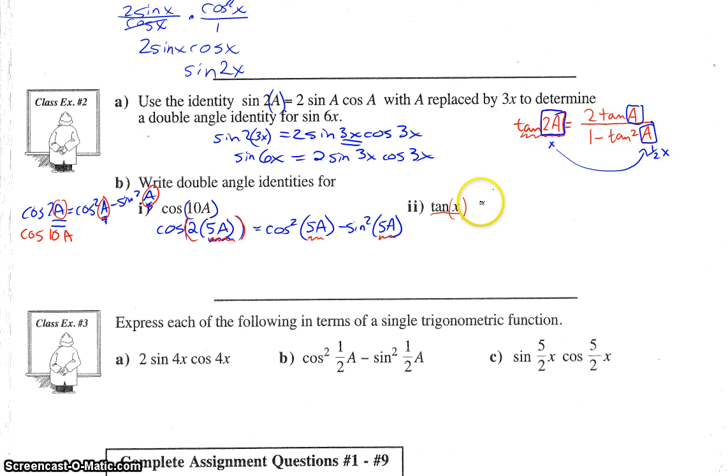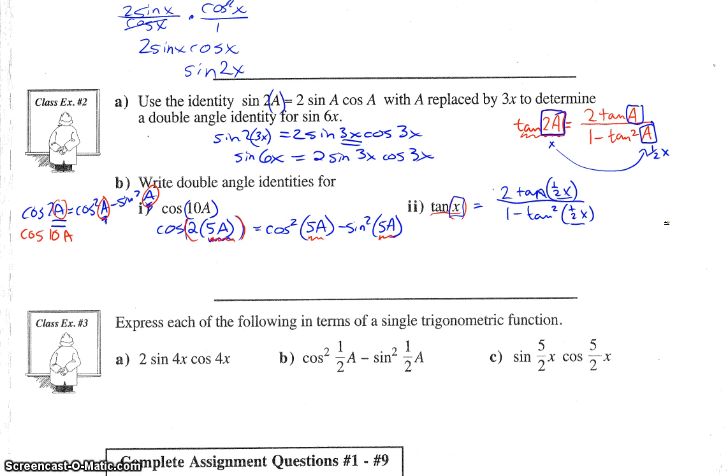So in our equation, we're going to have 2 tan, and instead of a, we would be using half of our angle x. So this is how the double angles work. 1 minus tan squared, and again, half x. You could use brackets on that. All right, so take a look. What's inside here is double whatever is inside here using that identity.